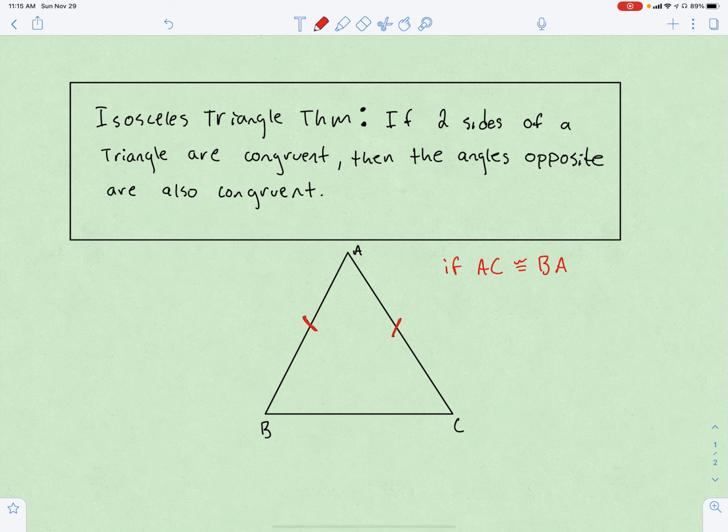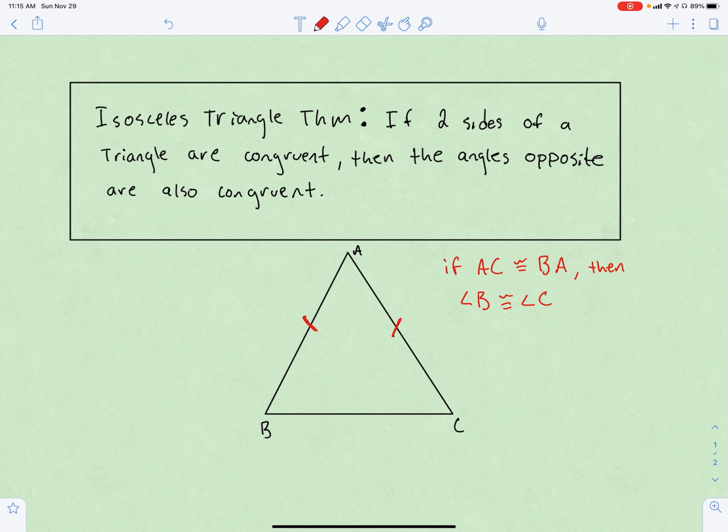That tells us that those sides are congruent. So we know AC and BC are congruent. If those two things are congruent, then the angles opposite are also congruent. Then that means angle B is congruent to angle C.